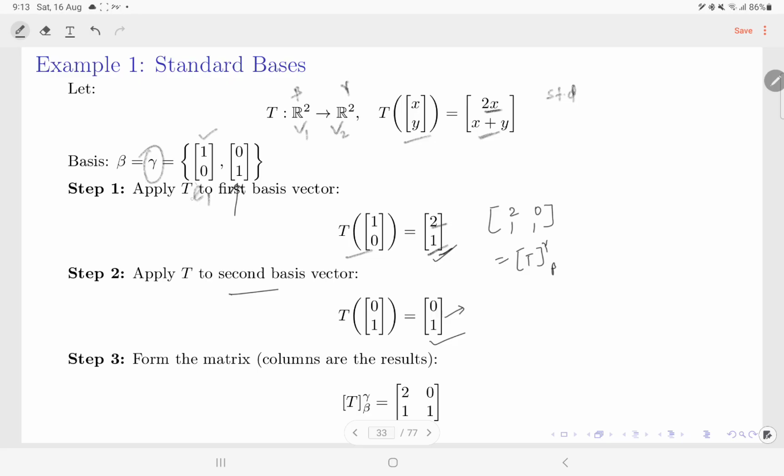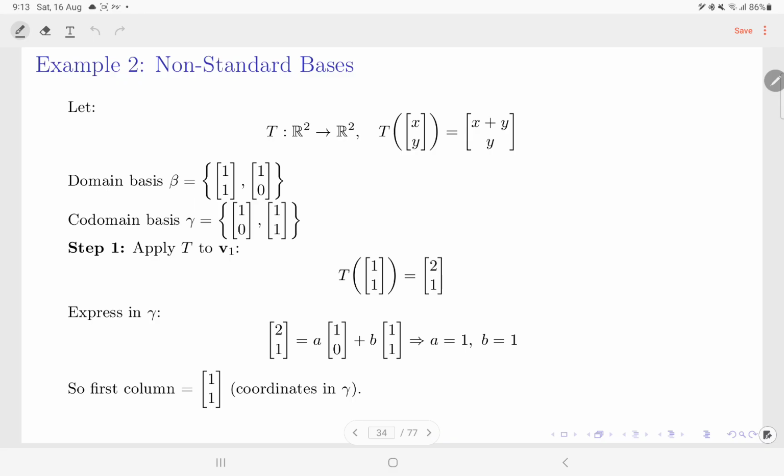Let's understand what happens if this is not a standard basis for a given transformation. Same as before, now the second transformation for vector (x, y) is (x plus y, y). So first, these are non-standard bases. This is the basis for the first space and this is the basis for the second space.